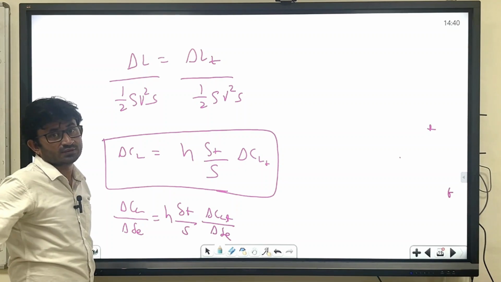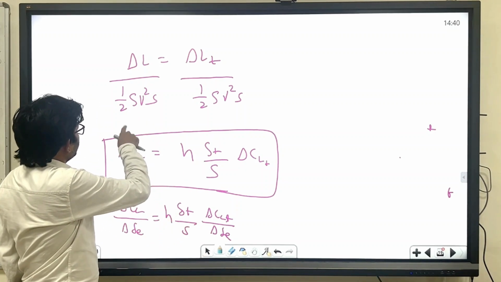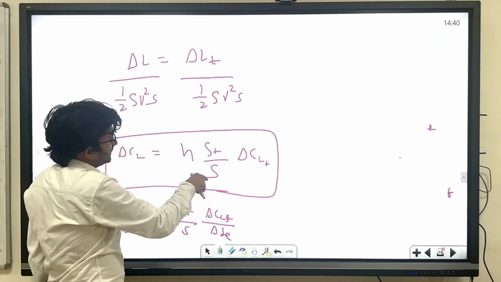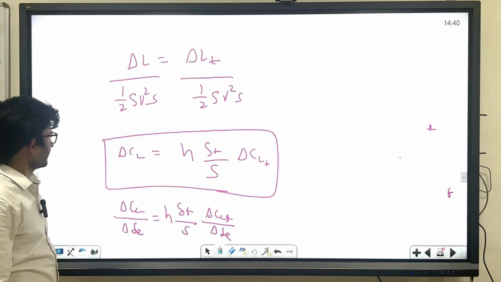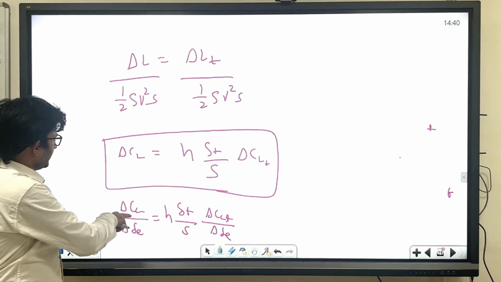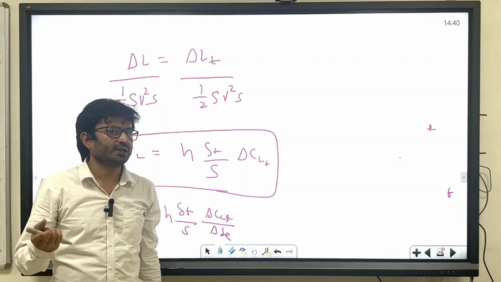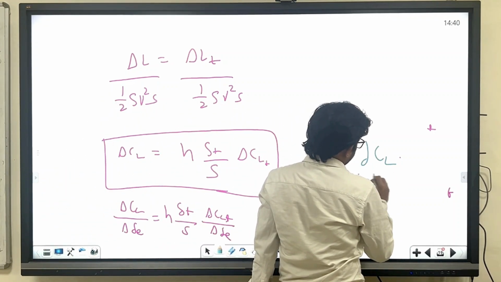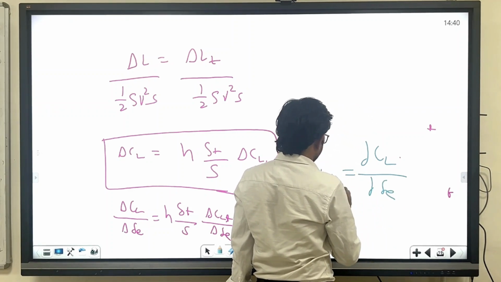Further, in non-dimensional form, you divide by half rho V square S and you will see that delta CL will be eta St by S into delta CL alpha of the tail. You can divide by delta E because I want to find CL delta E. CL delta E, that means dou CL by dou delta E, is CL delta E only, right?